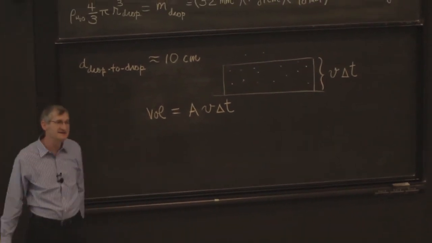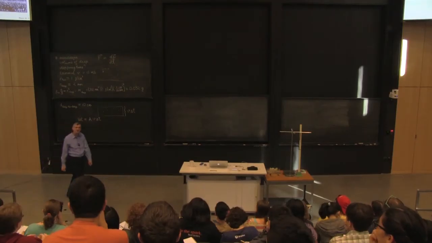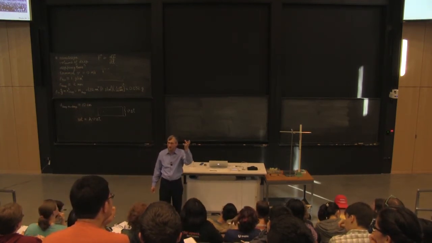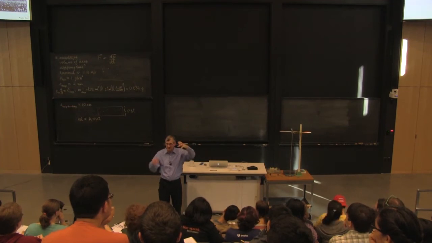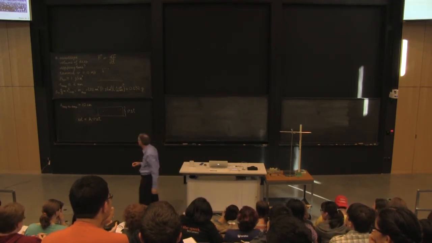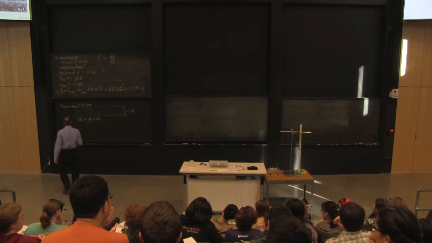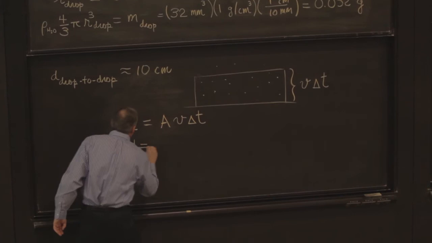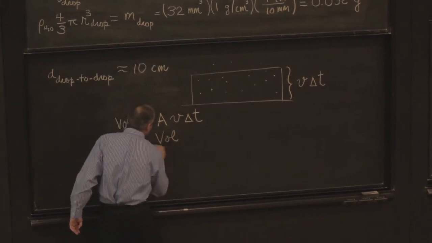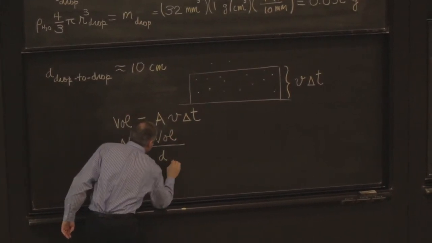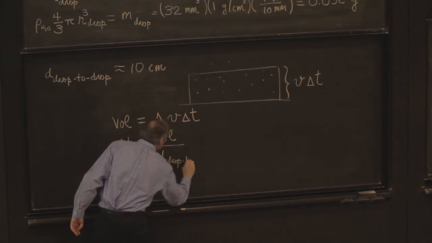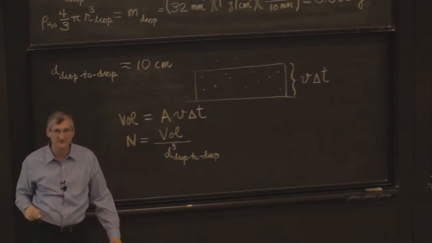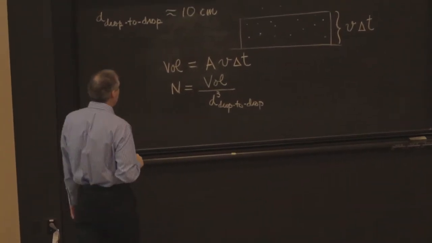Each drop is about 10 centimeters from its neighbor. So each drop occupies a volume of about 10 centimeters cubed, right? So each one gets its own cube that's 10 centimeters on a side. And so the number of drops in that volume should be the volume divided by d drop to drop cubed, because that's the volume per drop, the volume occupied by each drop.